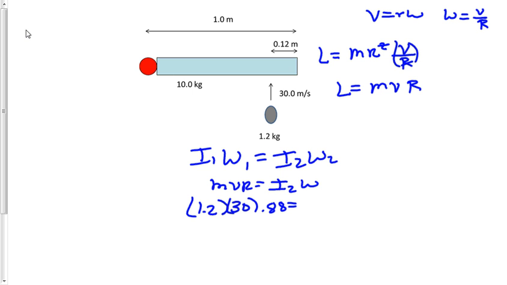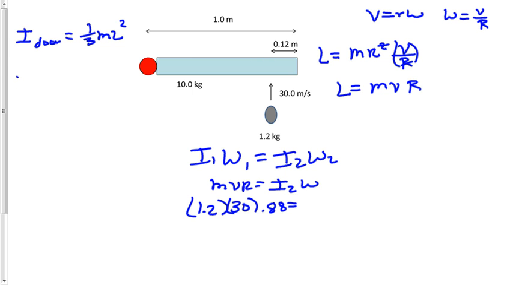So let's look at the I for the door first. What equation does it have? Well, I for the door is 1/3 ml squared, and that equation again will be given to you.